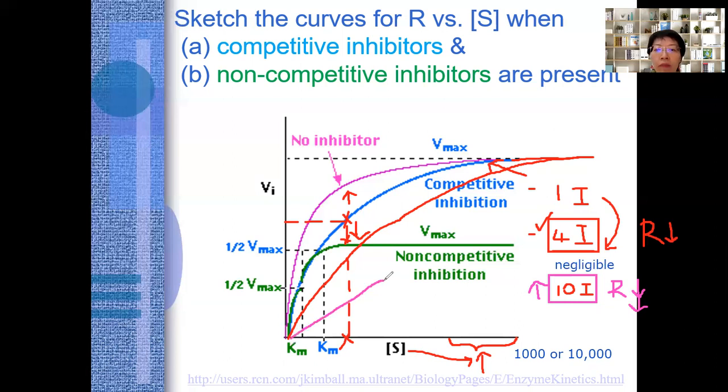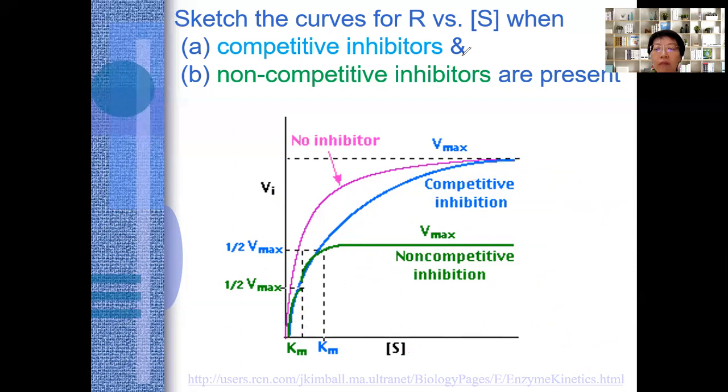So it's lower, lower, lower, but eventually it will still level off at the same Vmax because 10 versus 1000 is negligible. Can you see that? So how do I simplify the whole curve? Very easy. I don't want to draw so many curves. I just want the standard one. I just have to draw one line like this.